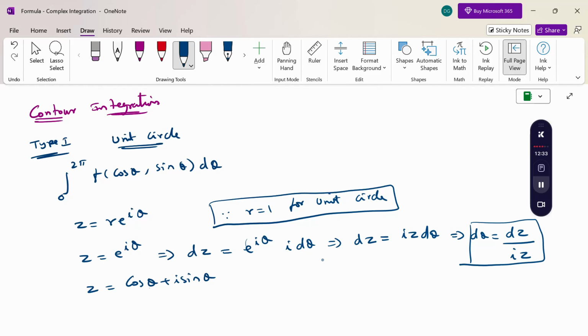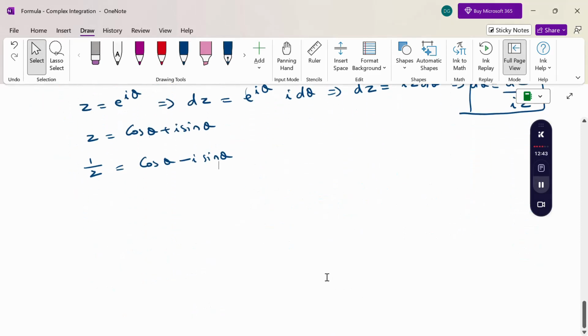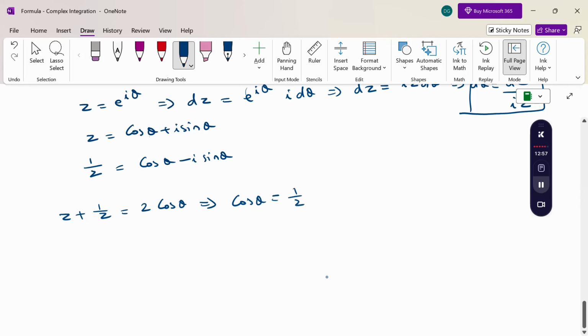Here z equal to cos theta plus i sin theta, and 1 by z equal to cos theta minus i sin theta. When we add these two values, z plus 1 by z, the i sin theta and minus i sin theta cancel, so 2 cos theta. From this equation, cos theta equal to 1 by 2 of z plus 1 by z. When z minus 1 by z, the cos theta terms cancel, then 2i sin theta.